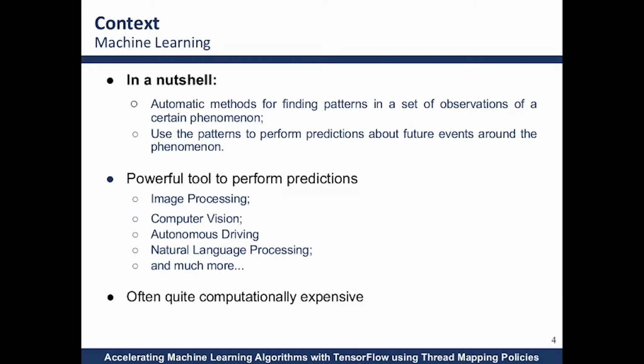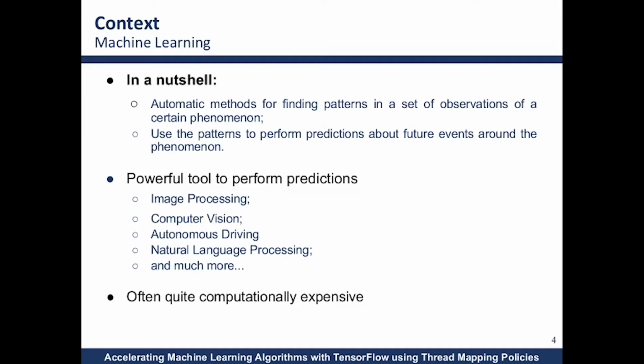So here, just briefly to summarize, machine learning is a broad set of automatic methods for finding patterns in a set of observations of a certain phenomenon. And after we find these patterns, we use these patterns that were obtained automatically to perform predictions about future events around this phenomenon.